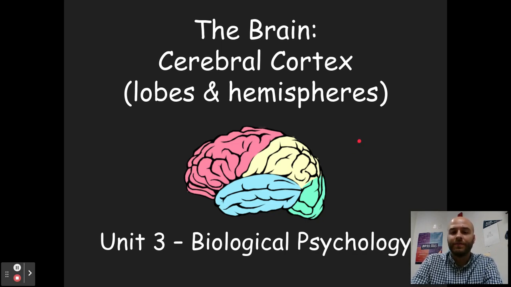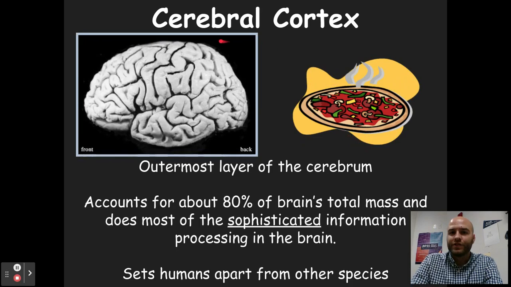So let's get started. The cerebral cortex, that's the outermost layer of something called the cerebrum. So all of these little folds here that you see on the brain, this outermost layer here is the cerebral cortex. Just within that is something called the cerebrum, which is like the center brain.